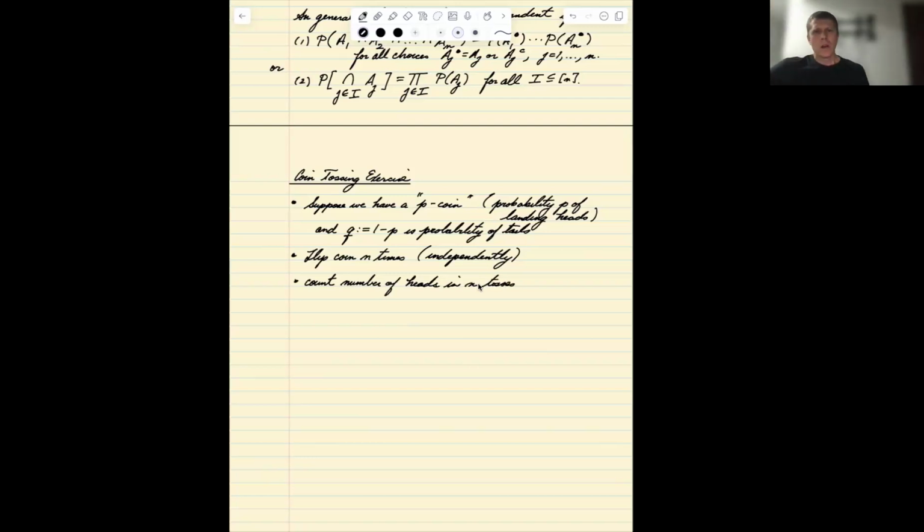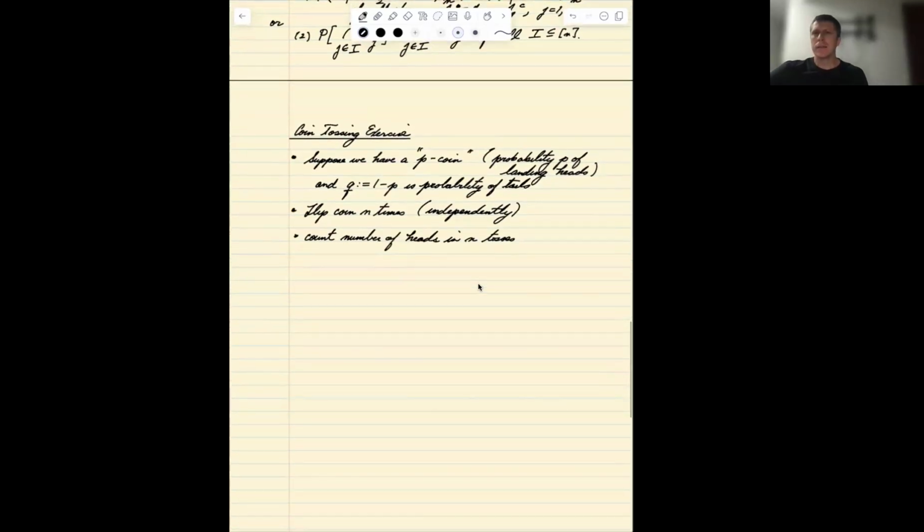What is the probability? This will turn out to be a pretty important distribution that we'll talk about later called the binomial distribution. But what is the probability of having k heads? It's something we can do without that. What's the probability of observing k heads in those n tosses?